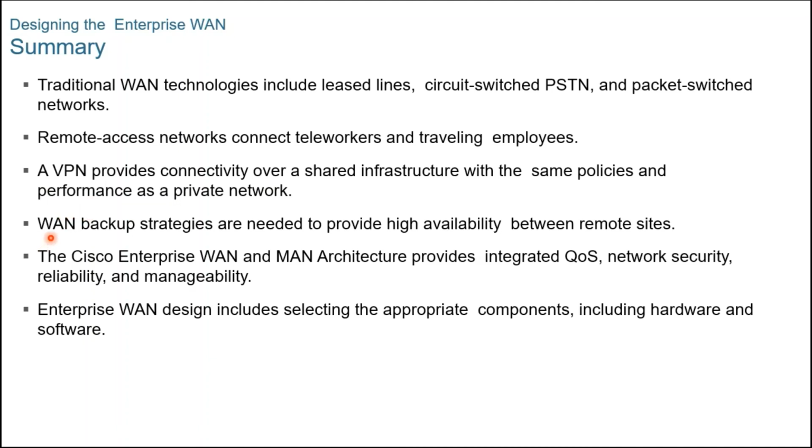WAN backup strategies are needed to provide high availability between remote sites. The Cisco Enterprise WAN and MAN architecture provides integrated QoS, network security, reliability, and manageability. Enterprise WAN design includes selecting the appropriate components, including hardware and software.